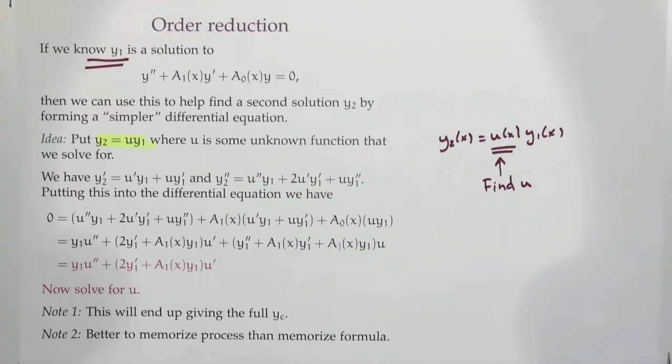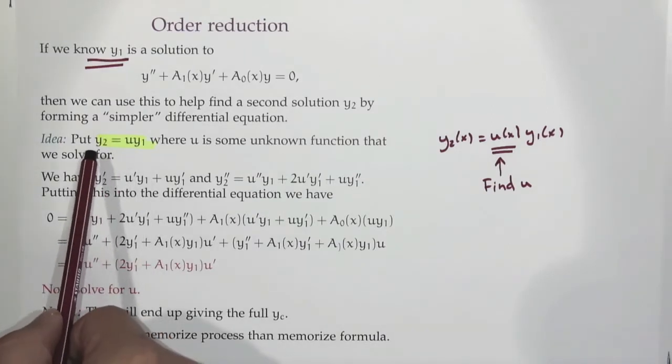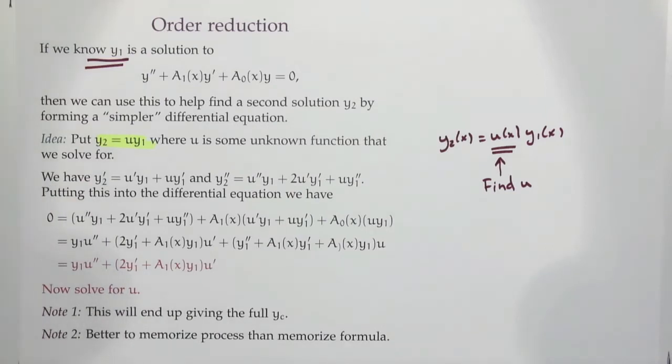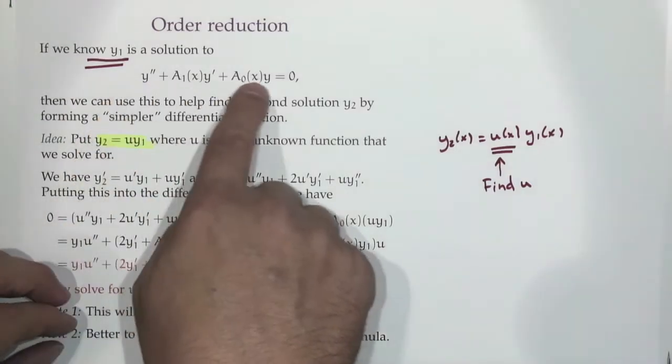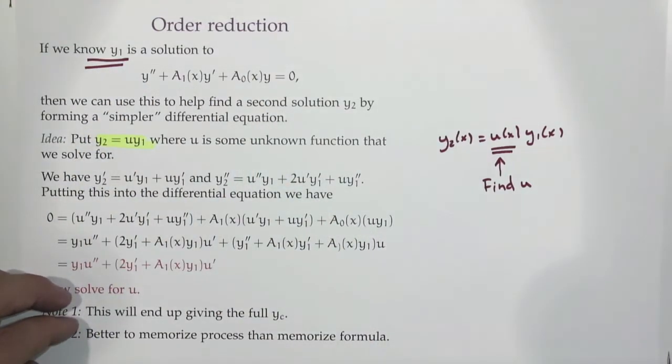Well, we say that y2 here is our other solution. So when we have a solution, you verify it by plugging it in. So that's what you do. You're going to plug y2 into this differential equation.